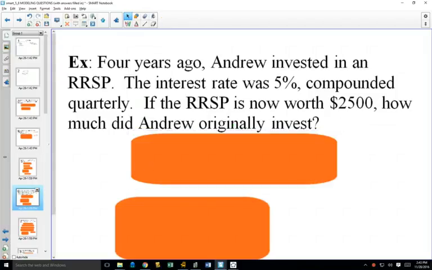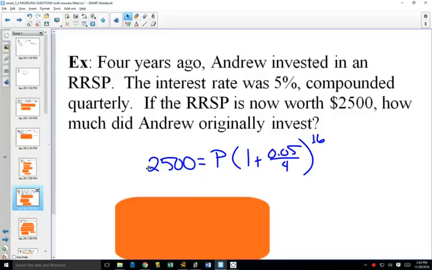Now, plug everything into the formula for this one, and we want to find out how much he initially invested. Question here, is this an exponential equation? There's exponents, but an exponential equation is when what you're trying to solve for is in the exponent. But what we're trying to solve for isn't in the exponent. So we won't need logs for this one.